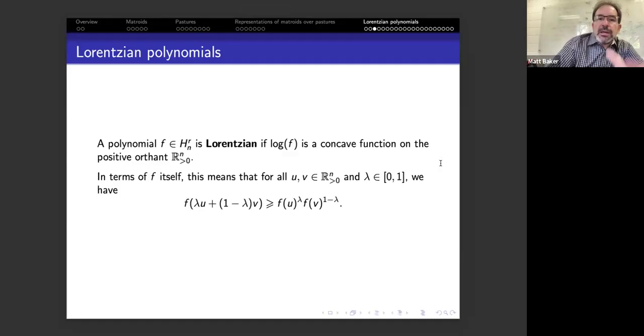So of course that just means that f satisfies some inequalities like this. Okay, so I just want to stress that the definition is analytic in nature, right? It's some condition about the logarithm being concave, which you can formulate in terms of second derivatives, if you like.